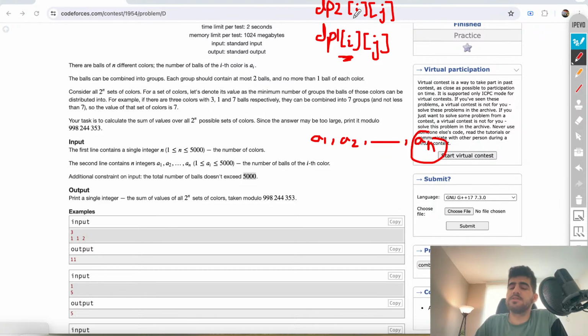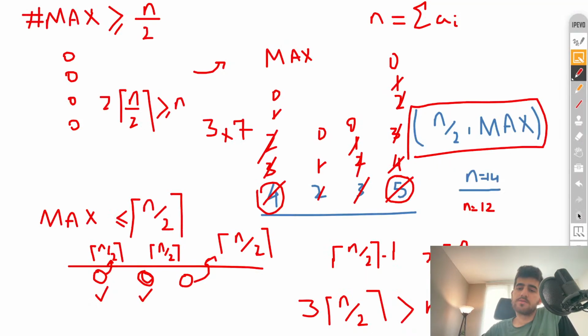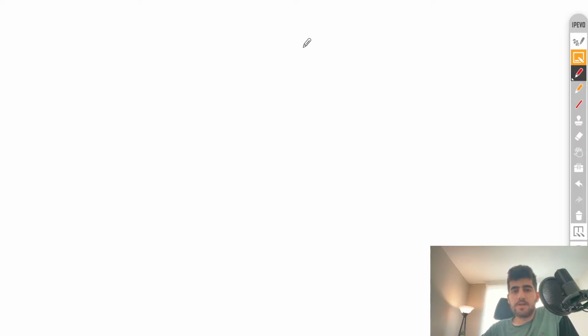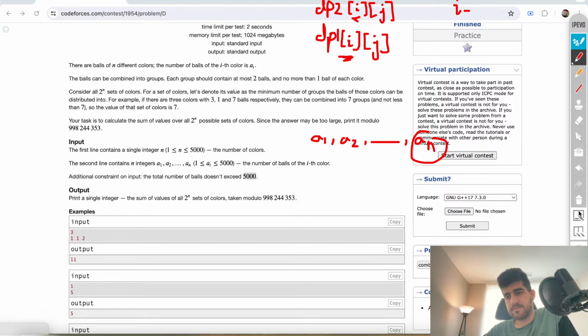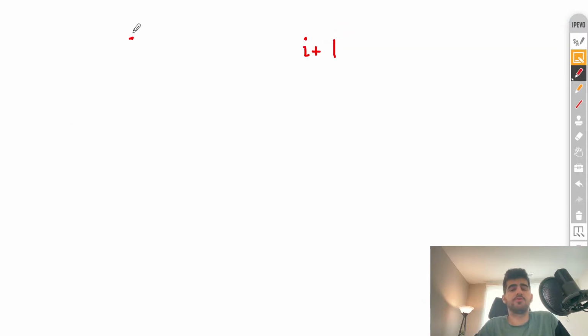dp2 of i and j means that the last one is less than or equal to color i. It is all from the first i's, but it's not definitely that i comes as well. So when you want to add color number i plus 1, as I said, we have some dp1 of i and j and dp2 of i and j.